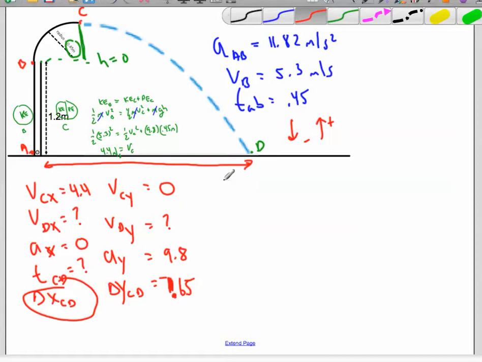So in order to find this y, we're going to need more information than we have. So let's try to find the time it takes to get from C to D, and we can do that with the displacement equation in the y direction. The reason we can do that here is we have enough information, really.